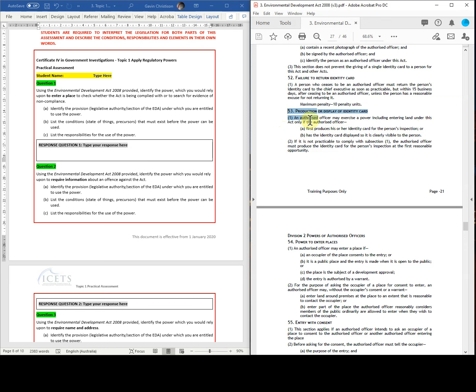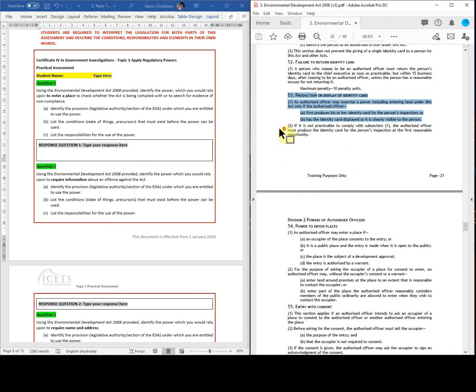So we need to comply with section 53. It's a responsibility that we need to do when we're using the power under section 54. So in terms of responsibilities in our response over here, part C, the responsibility is that we produce or display our identity card in accordance with section 53 of the Act.